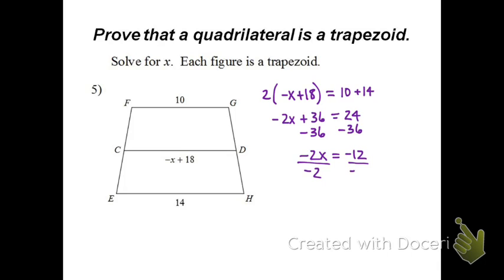And then when we solve by dividing by 2, we now have that x equals 6. Alright, found it. X equals 6. And then if you were wondering, if you were to take negative 6 plus 18, that would come out as positive 12. And that would continue the pattern, 10, 12, 14.